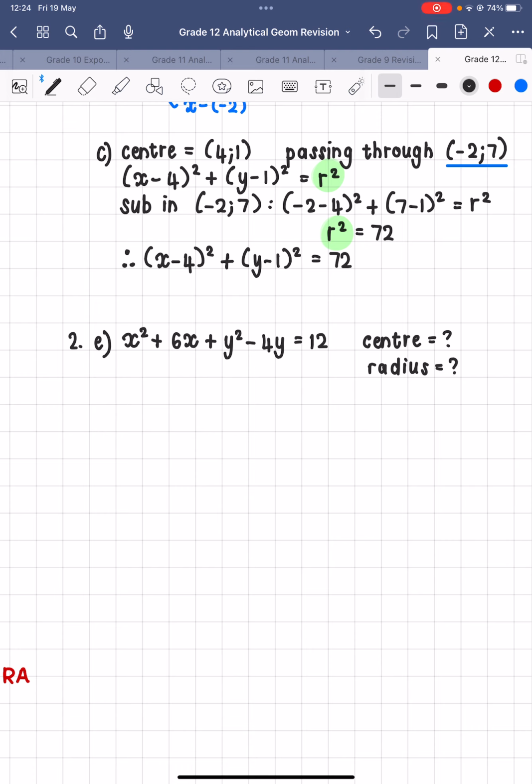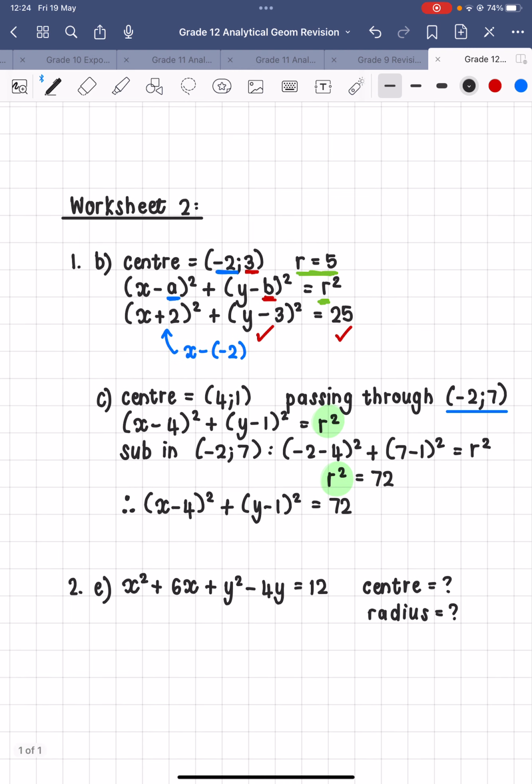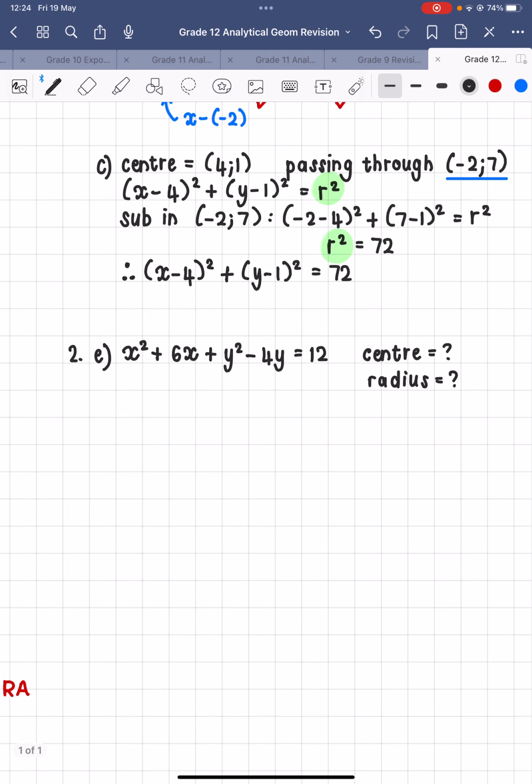Now guys, we can only say what the center and the radius are, what the center coordinates are, and what the length of the radius is, if we have it written in this form, which clearly this equation is not. Okay, this is called standard form, in case you were wondering.